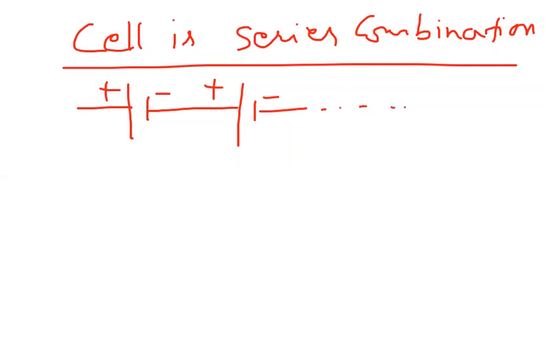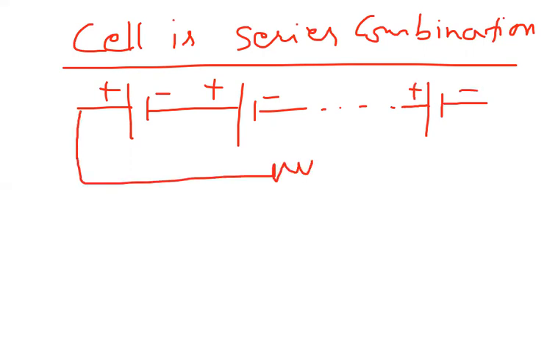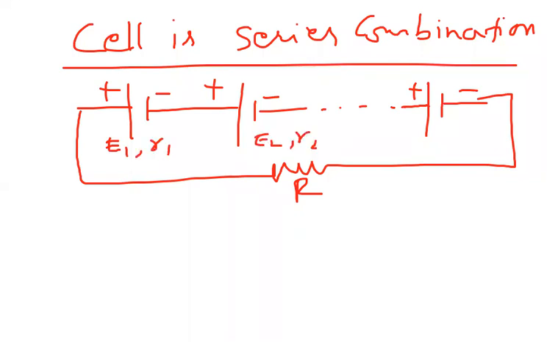The cells are connected in such a way that positive and negative are connected one to the other. This combination is called series, and this is the external resistance. The EMF of the first one is E1, R1, E2, R2, and so on up to En, Rn. N cells are there. What is the current through this?